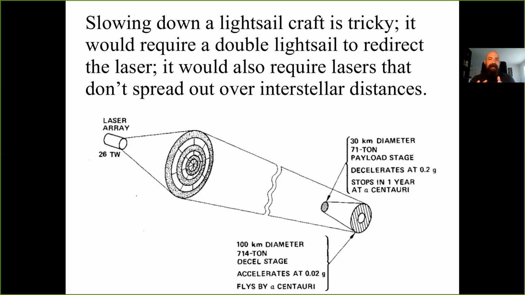The second thing is that your light sail needs to be able to detach from itself so that when you reach the destination, you're able to fire the laser at the larger sail, which then reflects off of that, hits the secondary smaller sail that your spacecraft is attached to, slows that down enough that your payload can actually enter orbit in the destination system.